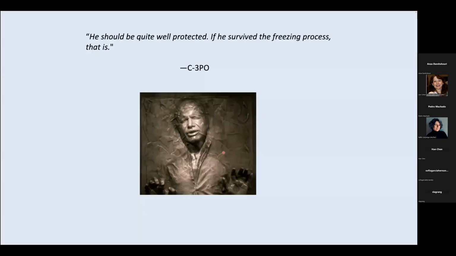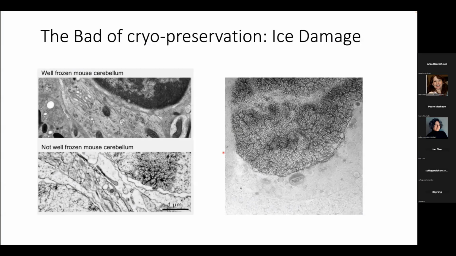So the entire process, as C3PO said, he should be quite well protected if he survives the freezing process, that is. That's the big trick with cryopreservation: actually getting a sample frozen without generating damaging ice crystals. And in the sample, we can actually see ice damage.